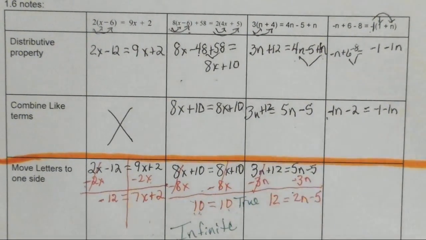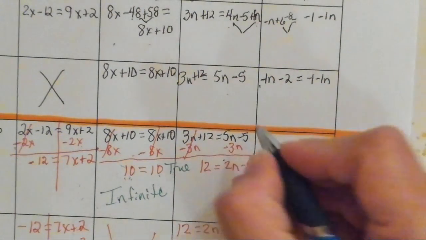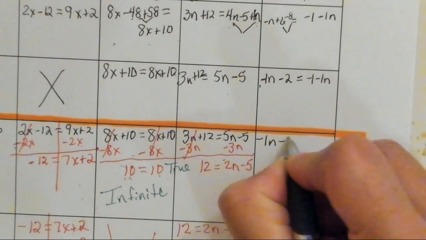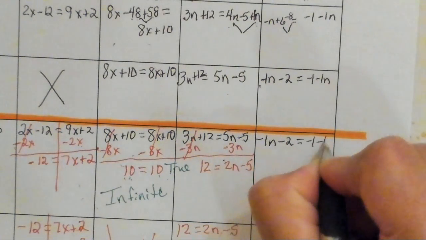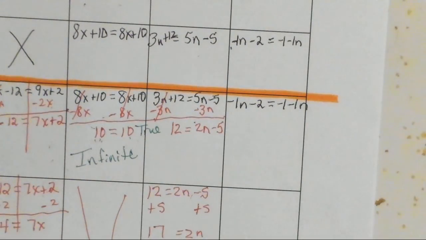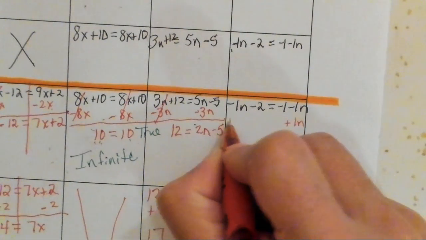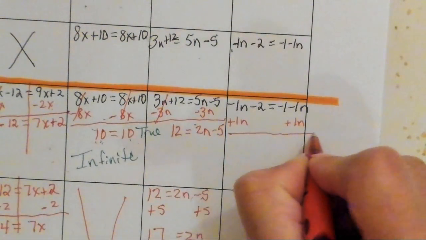All right, so I have used the distributive property and combined like terms. Now I'm flipping over that line, so I've got to start doing opposite operations. I'm going to try to take care of my letters first. Again, there are different orders you can do this middle part, but this is the method that usually gets you to the answer the fastest and in the easiest way.